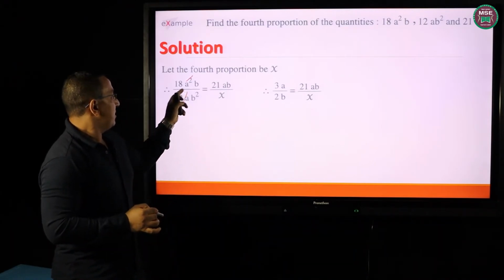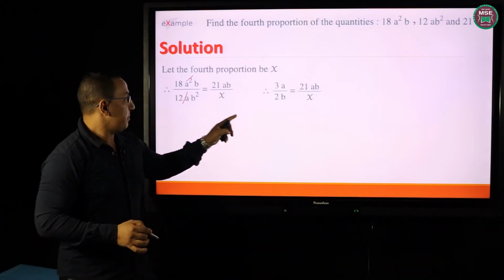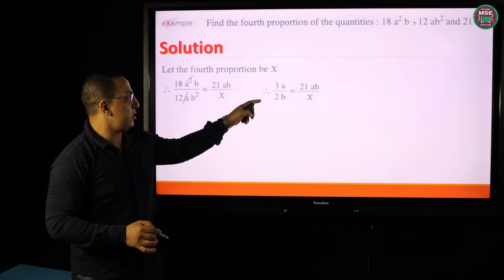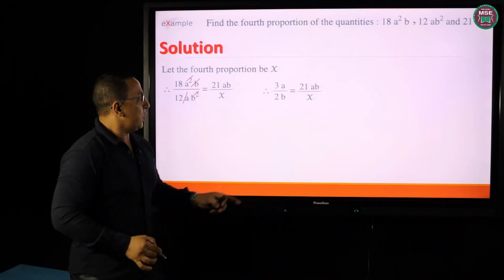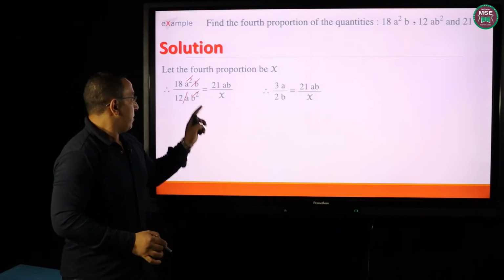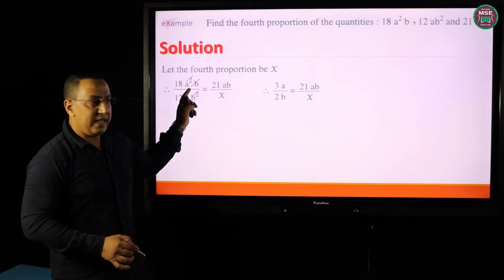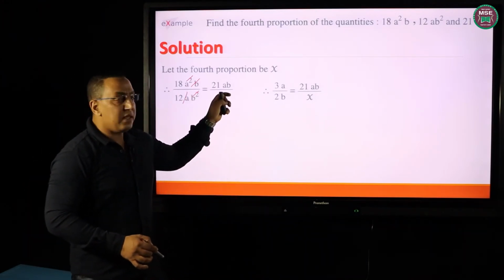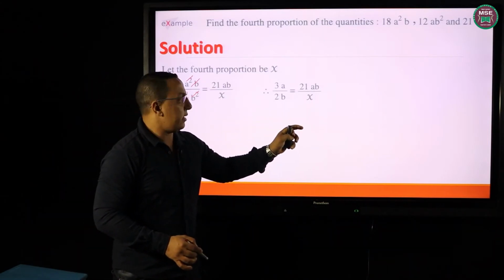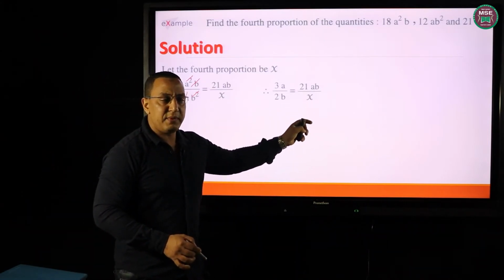So it will be 3a over 2b because 18 over 12 equals 3 over 2. And here I'm going to cancel b with b, so it will be a over b, because the remainder here is a, and down I have b, like this. And the right side will be without change, 21ab over x.